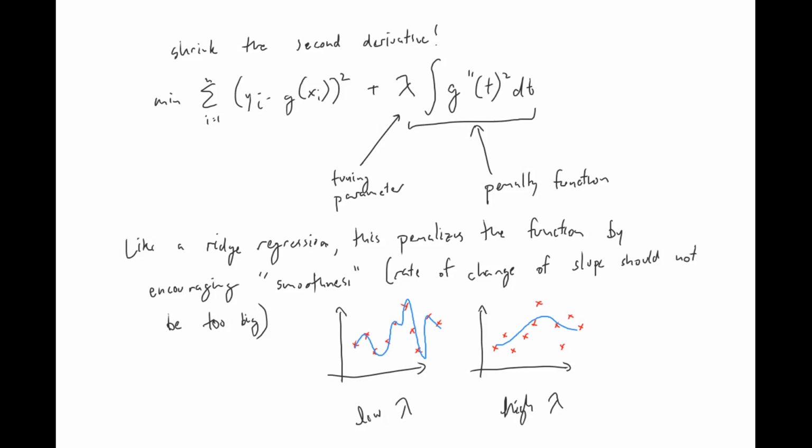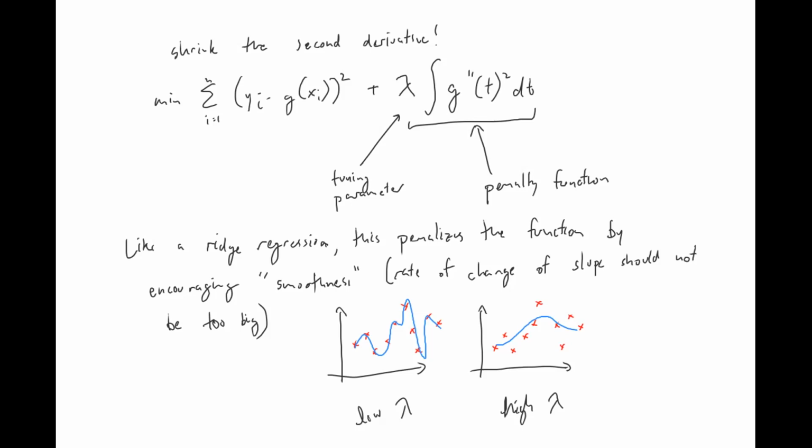And so let's take a look at our example that we've been using in class and employ this smoothing spline and see how this compares to some of our previous examples.